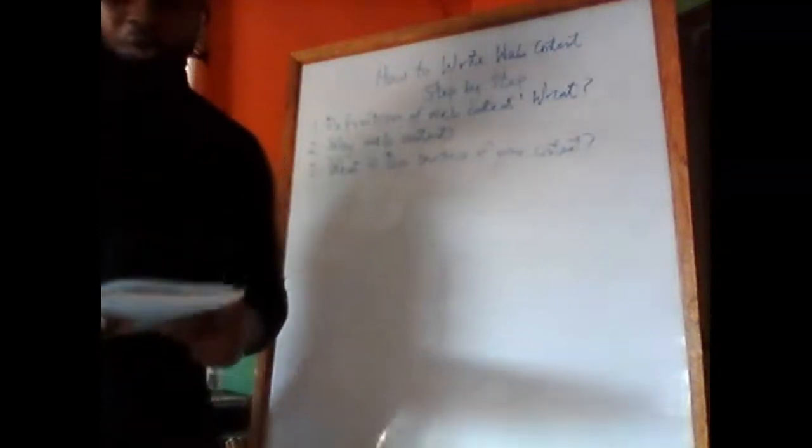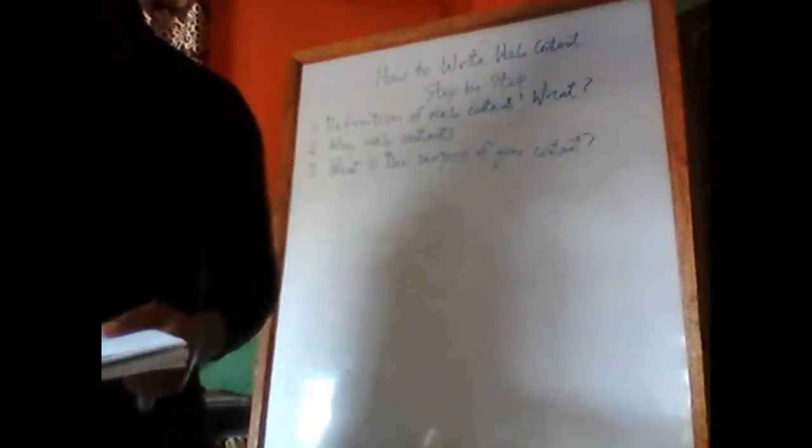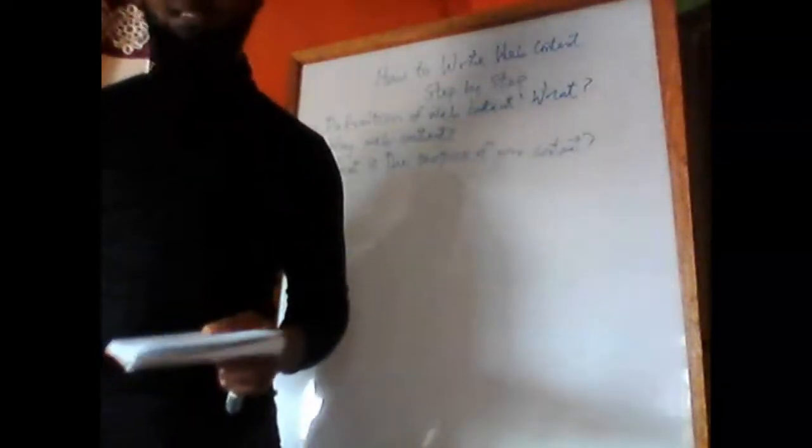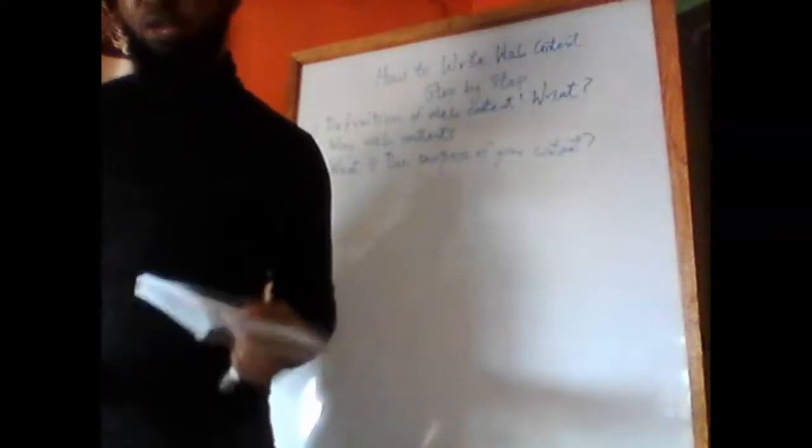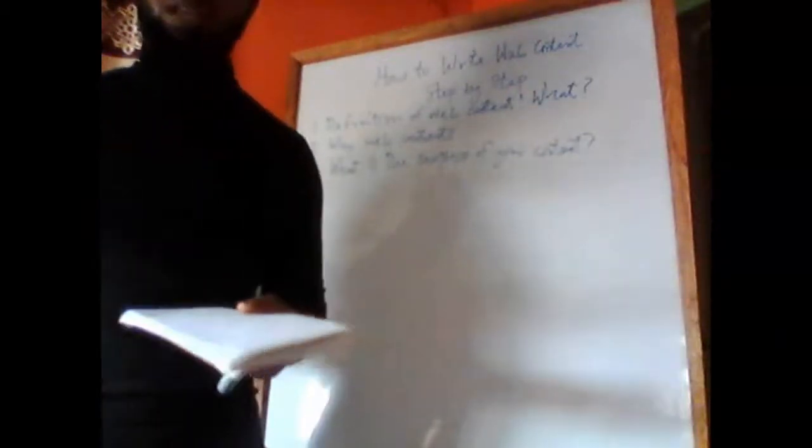All right, so the first of the purpose, like I've written it down, is to inform. You can use your content writing skill to inform people. For instance, news story. If you know how to write news story, that is a content on its own. It's called news story. In fact, there are myriad of content on the internet, and they all have each of their names.